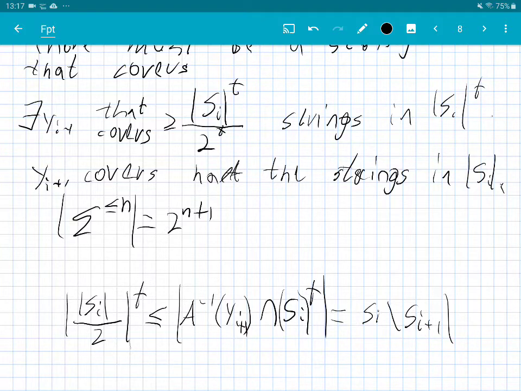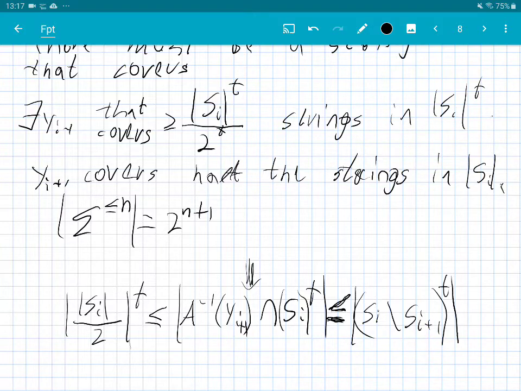You look at all the strings that got covered in this process, right? So one needs to look a bit at this inequality to see why it's true. So let's go through it. So this is all the tuples. What is written here? Here we have all the tuples that got covered by the i plus 1 string, right? All those tuples.